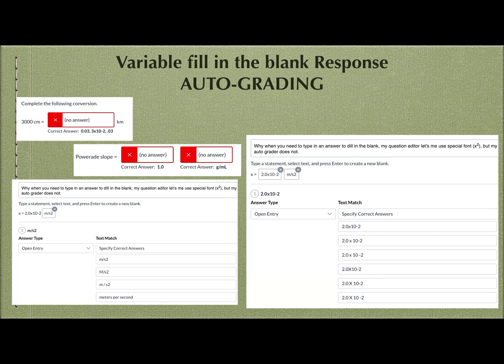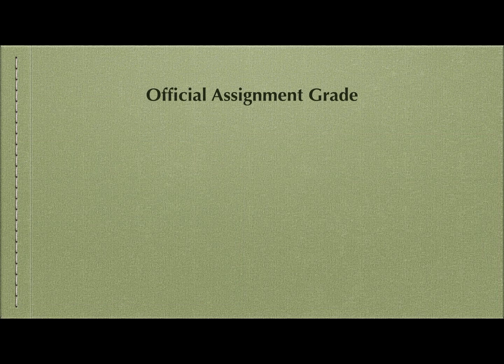I know some of you are probably concerned or puzzled or questioning some of the auto grading that has taken place for the assignments you've already completed for me. So please understand it does take me time to go in and review everybody's assignment, but the grade that it spits out to you when you've hit submit is not your official grade. That is the grade that Canvas has calculated based off of what Canvas is capable of interpreting and grading.